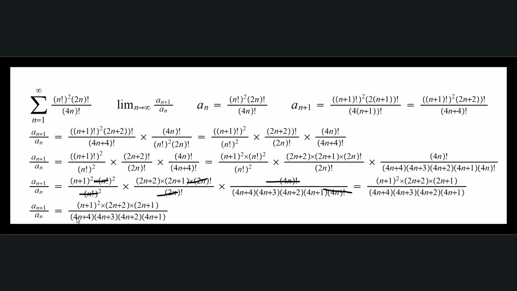And in the denominator, the coefficient of n to the 4 will be 4 times 4 times 4 times 4. So this will go to simply 2 times 2 divided by 4 times 4 times 4 times 4.